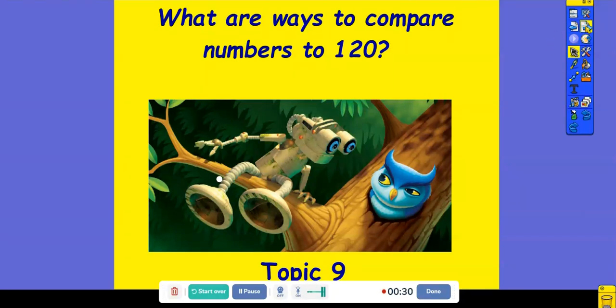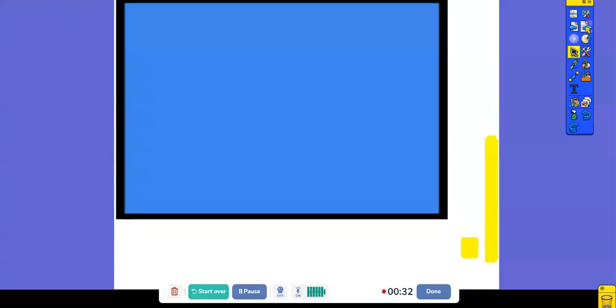So just as a quick review, in topic 8, we talked a lot about tens and ones. It's important that we remember we represent a 10 using a 10 rod, and we represent a 1 or those left over using a 1's cube. So here, this represents 11 because I have 10, one more would be 11.